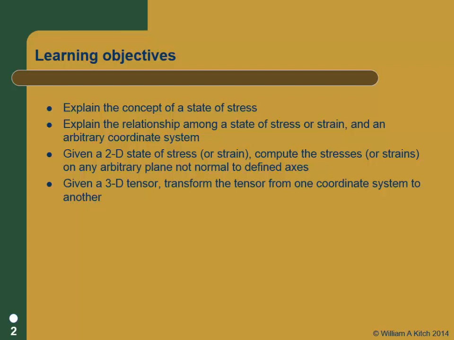So I want to make sure when you're done today, you actually can explain what the concept of a state of stress is. And then we're going to talk about different stress and strain models that we use in soils, and you need to be able to explain the relationship between stress and strain in any arbitrary coordinate system.